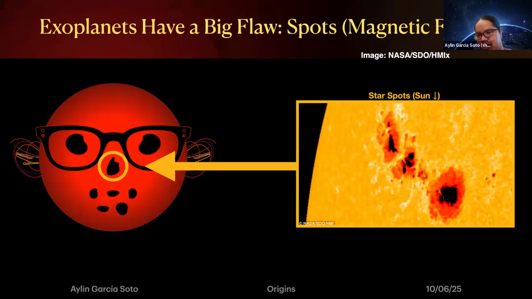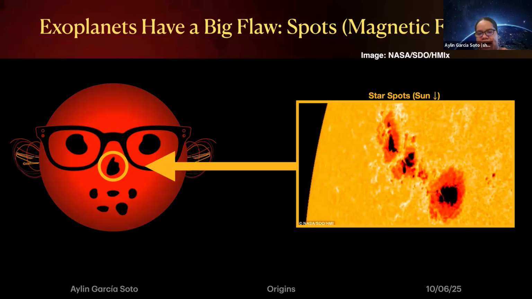So I drew this emoji. This is my M-dwarf emoji. It wears glasses because I wear glasses. But essentially, I put spots on it and I put flare ears on it. If you pick a spot on it, you see that it's darker than the surrounding surface of the star.